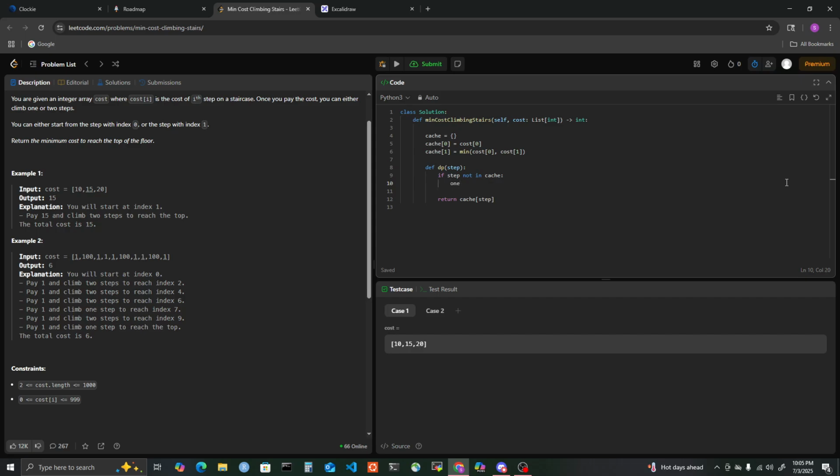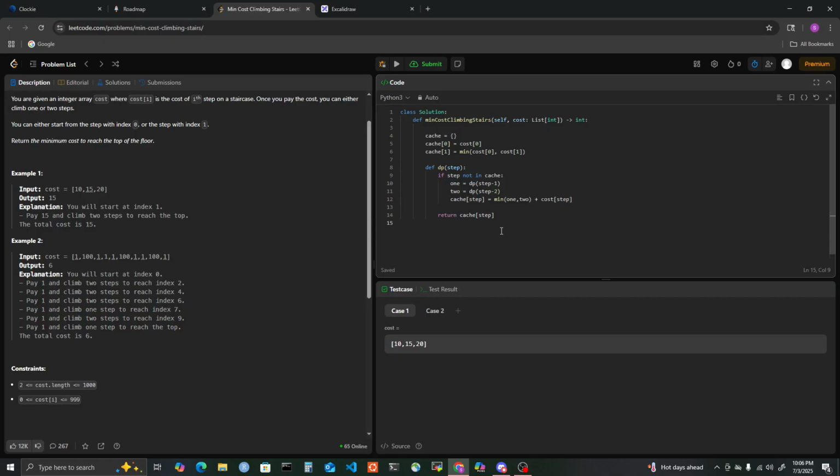Let's say 1 is going to equal dp of step minus 1. 2 is going to equal dp of step minus 2. And then I'm going to say cache of step is equal to the minimum of 1, 2, plus the cost of the current step.